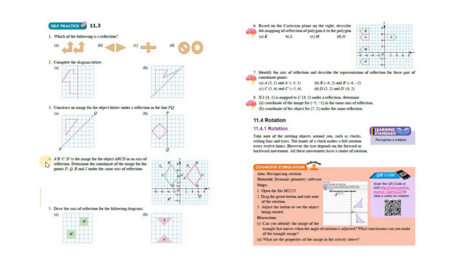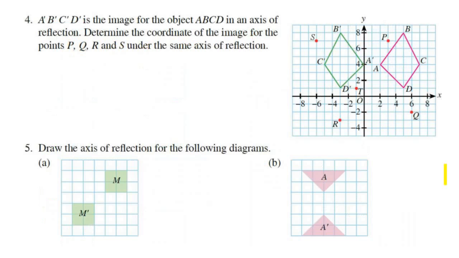So now we're going to see questions number 4 and 5. For question number 4, we have the point, image, and object.